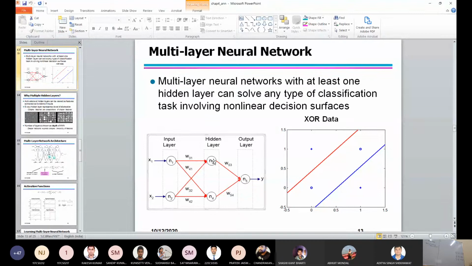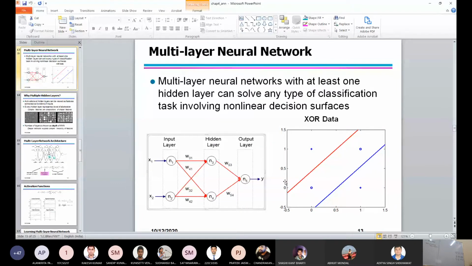N3 will give you one line, N4 will give you another line, and this entire structure gives this boundary line. So now we can identify the class of the object easily. That is how the XOR problem is solved.